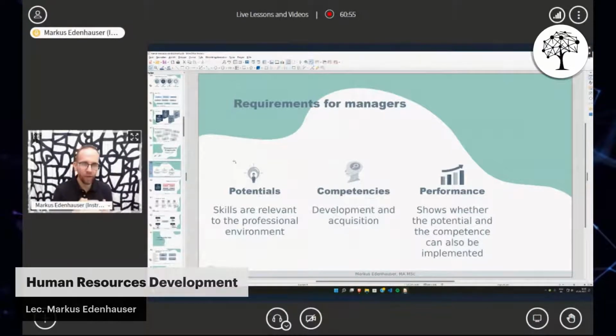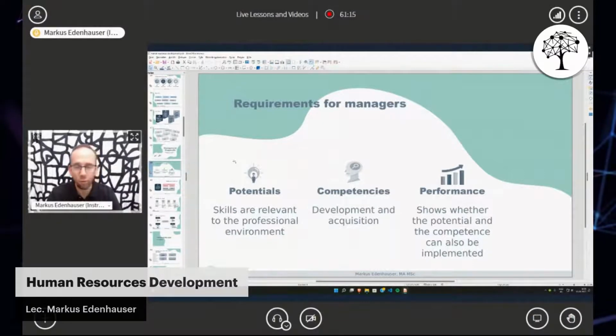Not each person should have the same goals. You always have to think about the person, what they bring with them, how they could perform, and whether this target and goal is easy to reach or hard to reach. And then you could measure the competences and also the performance.